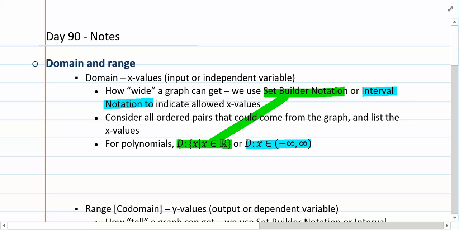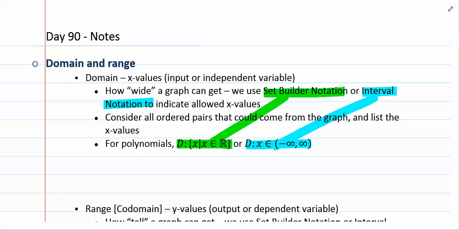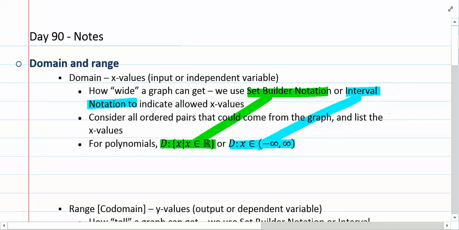Again, I'll explain how those work in just a moment. One helpful way to consider what our domain values would be for a function is to think of all of the ordered pairs that could come from the graph and list their x values.